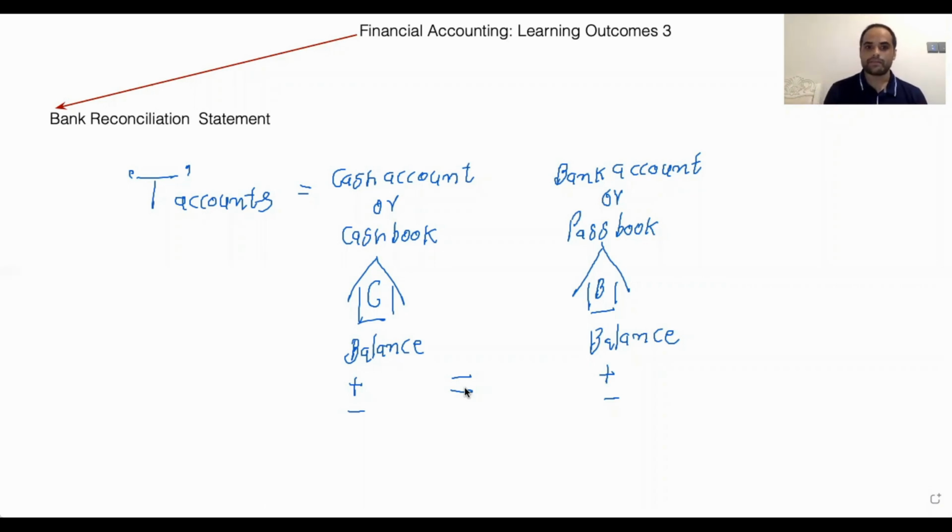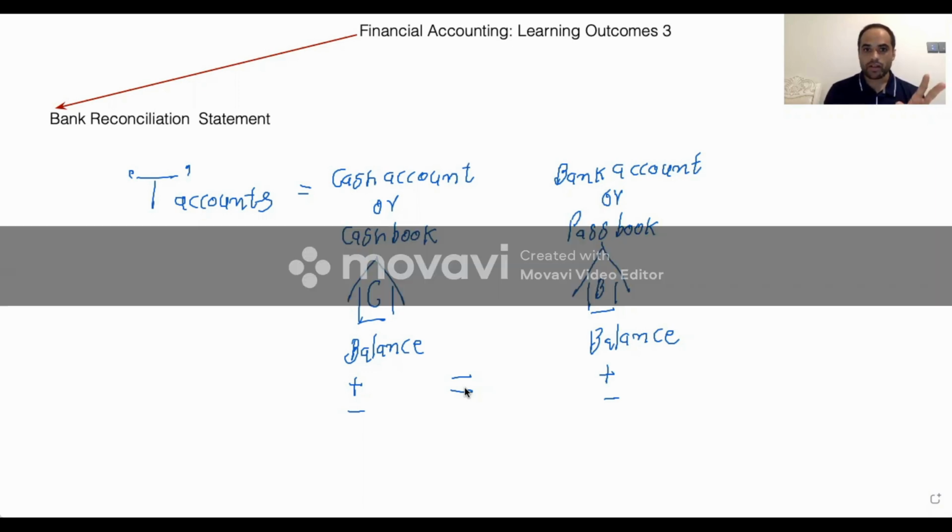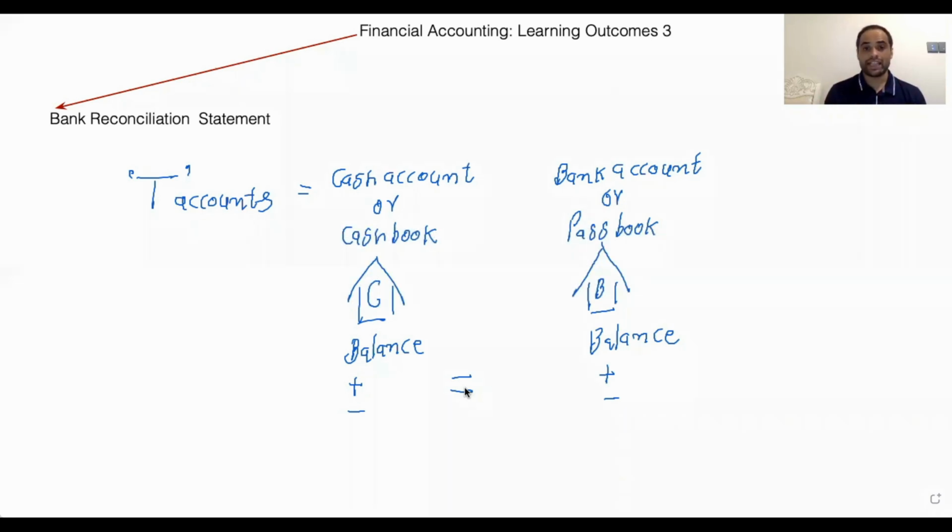So the idea is that the balance between cash book and passbook should be equal theoretically, as I gave you in the example. But practically, in reality, the balance between cash book and passbook is not equal.